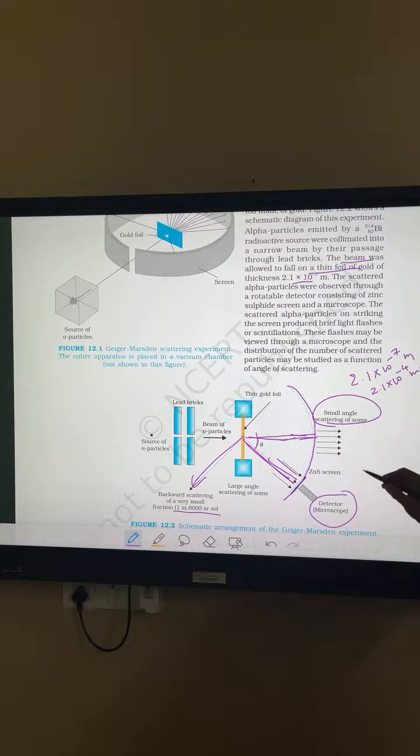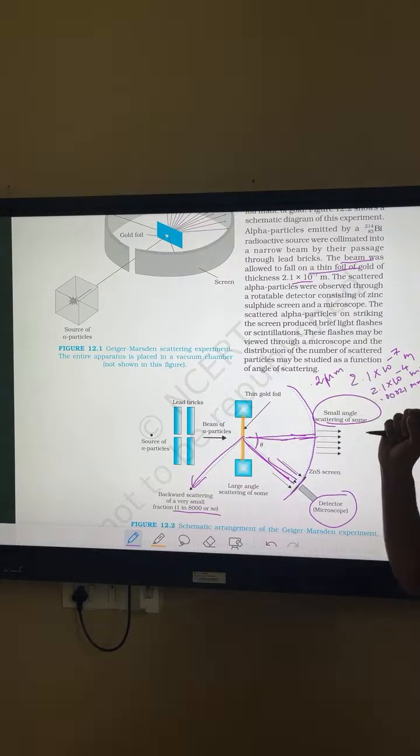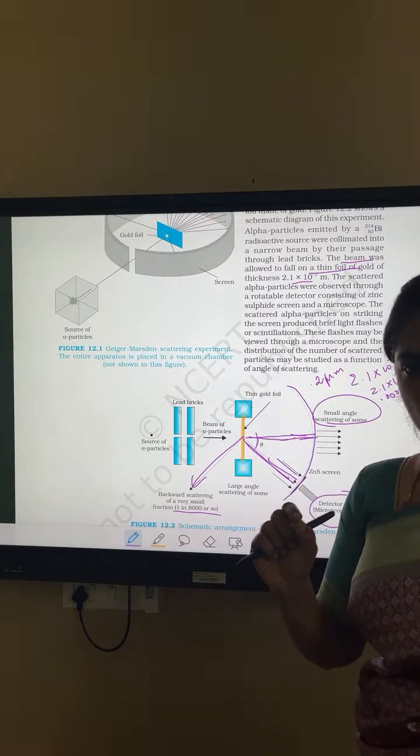That is 0.00021 millimeter, or in micrometer, 0.2 micrometer. It's a very, very small thickness.